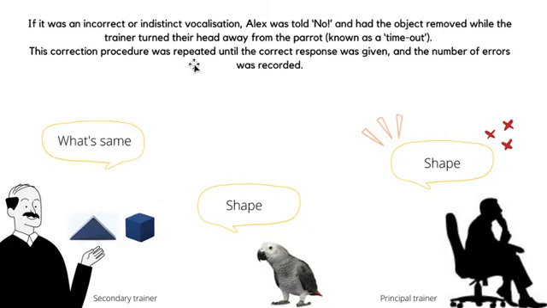This correction procedure was repeated until the correct response was given, and the number of errors was recorded. So if he got it right the first time, that's the first trial. If he got it wrong, he will repeat it until he gets the correct answer. So the number of errors was recorded.